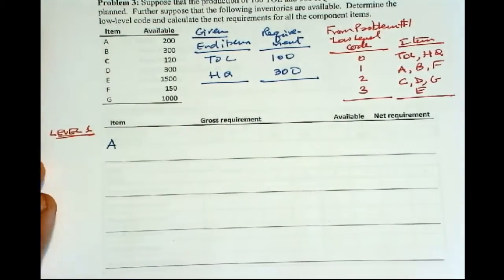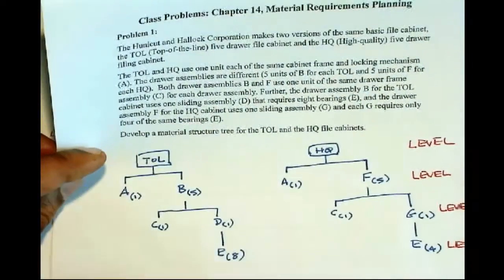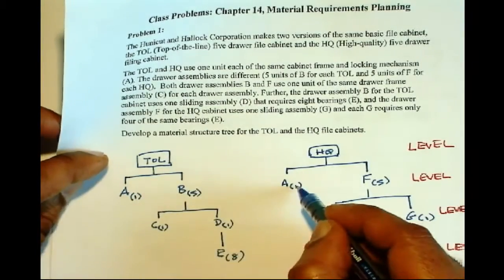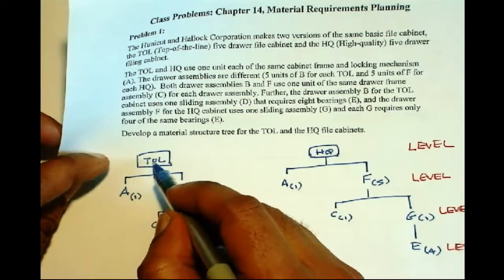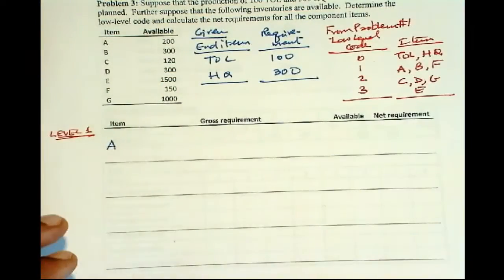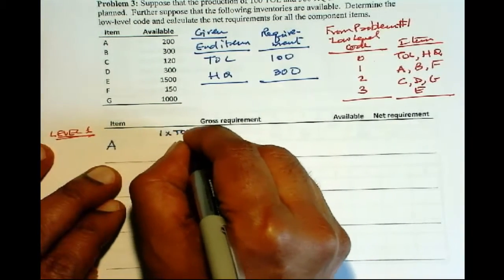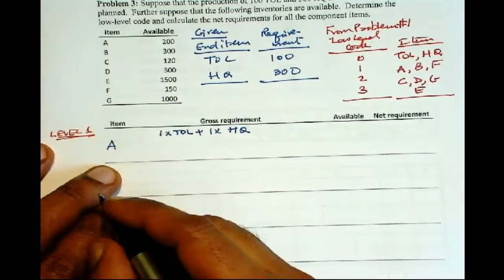Okay. Now we have to use the bill of materials. That's what tells us how many units are needed for each of the parent. So A appears in two different places. You need 1 unit of A for each TOL and 1 unit of A for each HQ. So the gross requirement is 1 times TOL plus 1 times HQ.